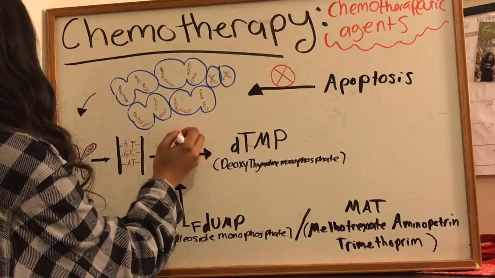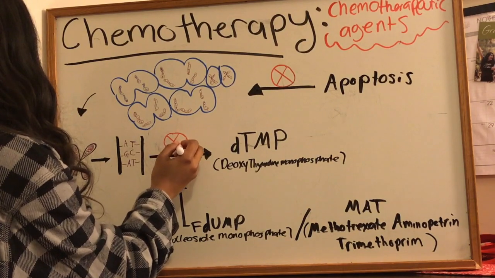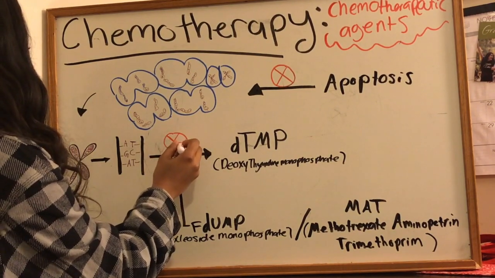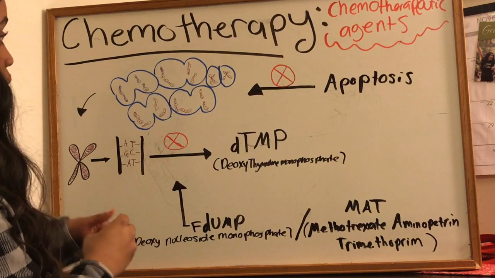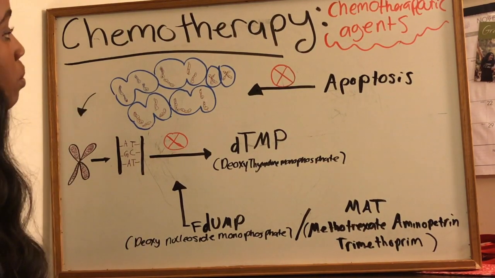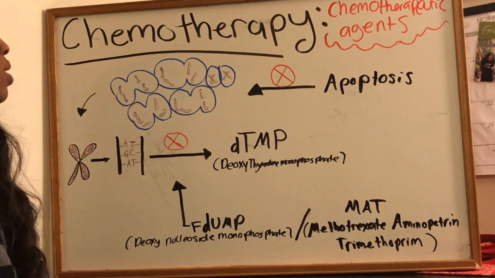So if we interfere with the synthesis of nucleotides, we can reduce the replication of cancer cells. And this is where our chemotherapeutic agents come in.